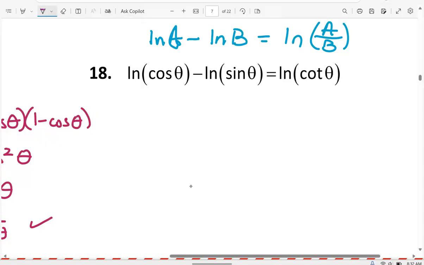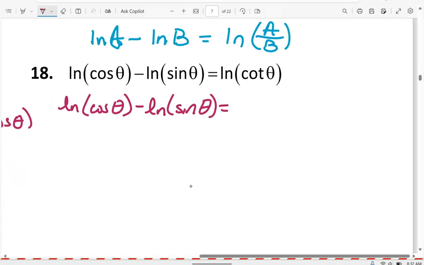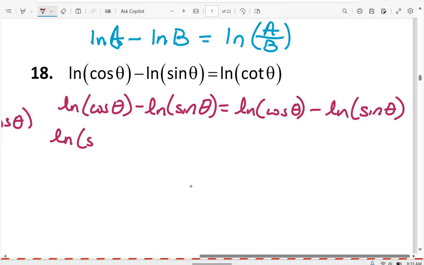So we start with the natural log of the cosine of theta minus the natural log of the sine of theta is equal to itself. We're going to leave the left side of this equation alone.